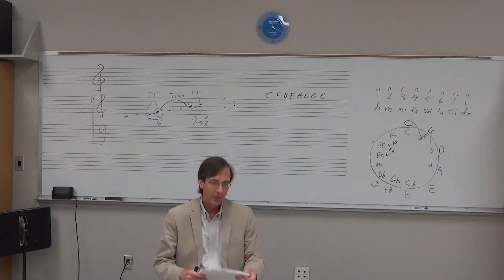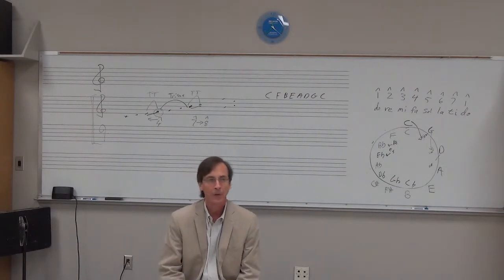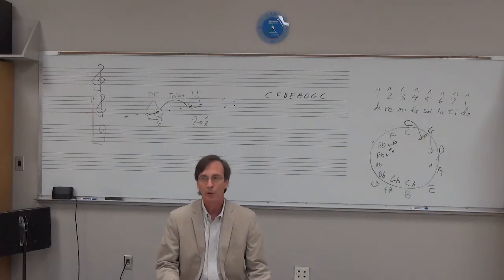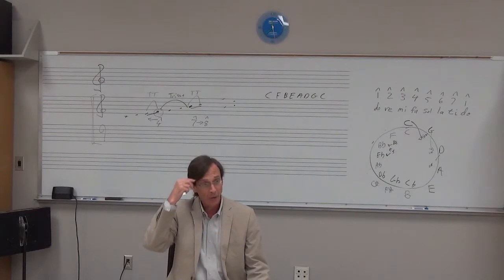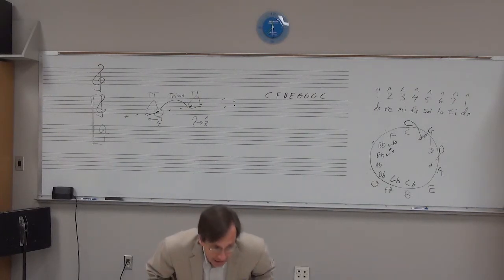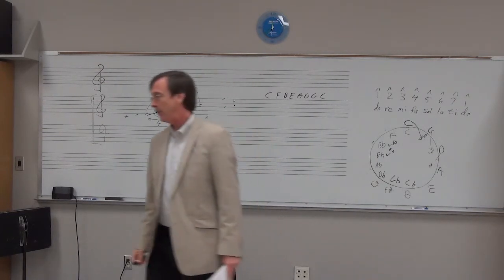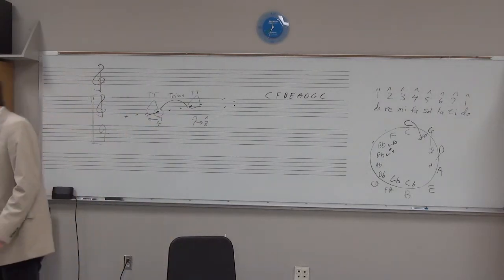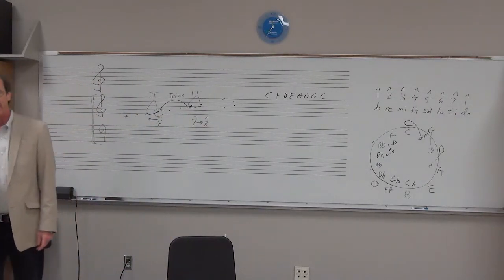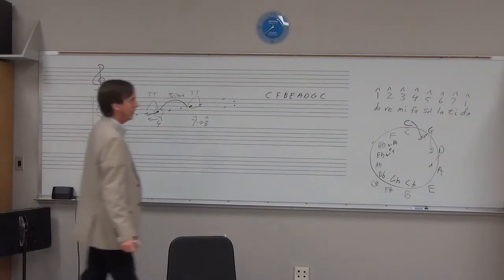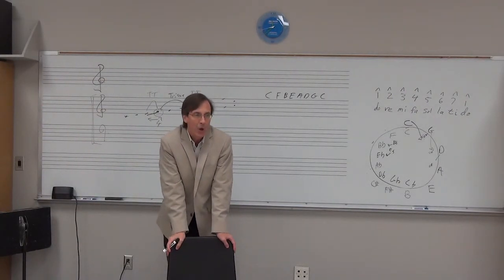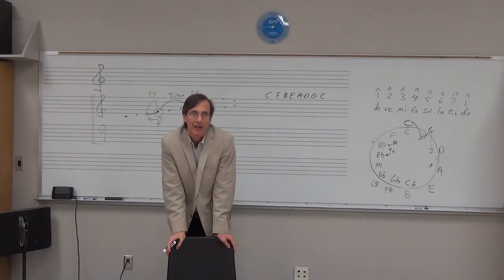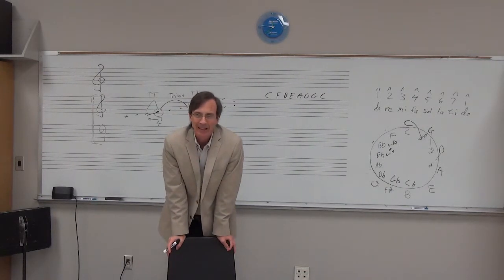The other thing that we want to think about in learning intervals is to learn to do the inversion as quickly as we can do the original thing, and to take compound intervals and simplify them to simple intervals. A compound interval is greater than an octave. Now, we only use the terms 9th and 10th.